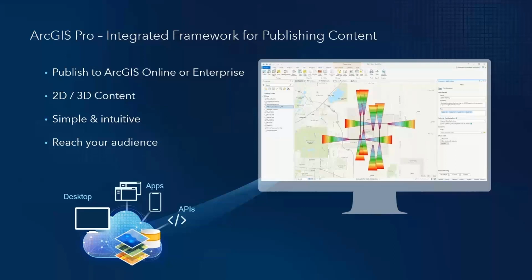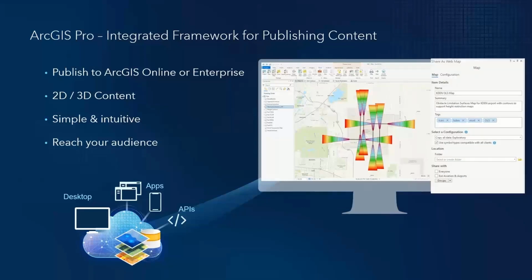And like I said, it's all combined within this single experience within ArcGIS Pro, so you can publish 2D content in one interface, and then switch over to 3D all out of the same application. It is simple and intuitive to use. When I say simple, it really is: you author your map, author your web scene, and then using some of the tools available within ArcGIS Pro, you can start to share that out as a web map or web services, to specific groups within the organization, or even externally to have broader engagement. So that's really going to allow you to reach your audience.